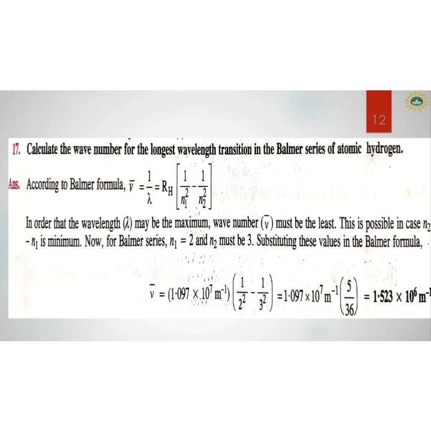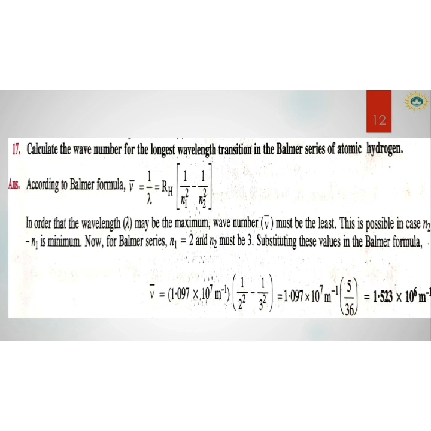Next question is also from exercise question number 2.17. Calculate the wave number for the longest wavelength transition in the Balmer series of atomic hydrogen. The equation I have is actually in wave number. Wave number means 1 by lambda, the inverse of lambda. So the longest wavelength means the shortest wave number.